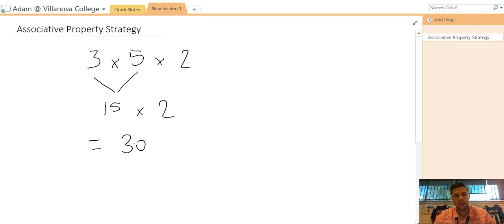If we now test the associative property strategy by mixing our numbers up, and we use the same three numbers, 3, 5, and 2, but we just change the order we multiply them in, the idea is that we get the same answer. So let's go 3 multiplied by 2, then we'll multiply by 5.